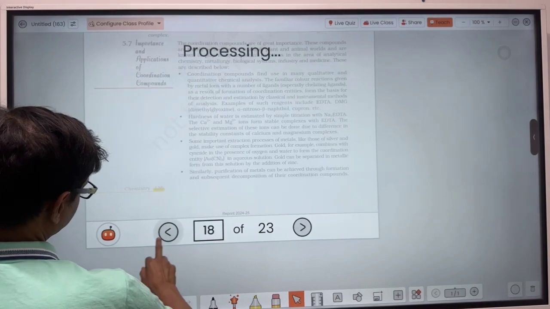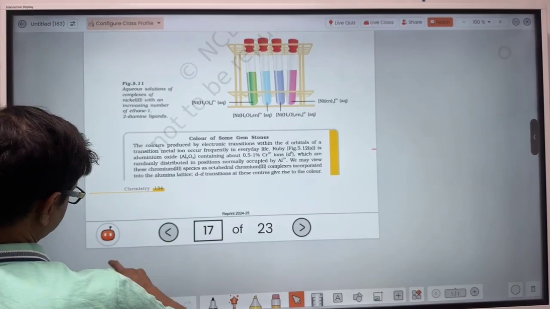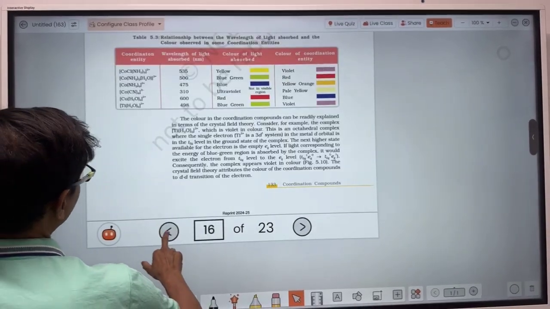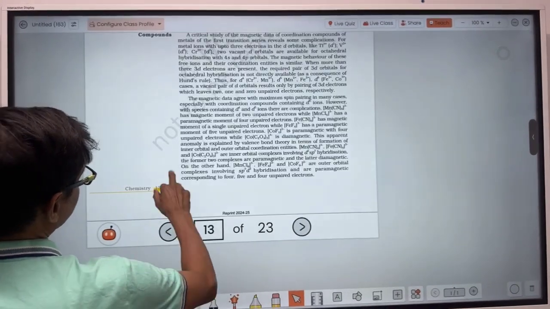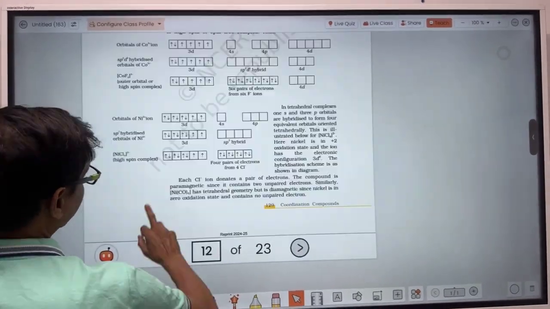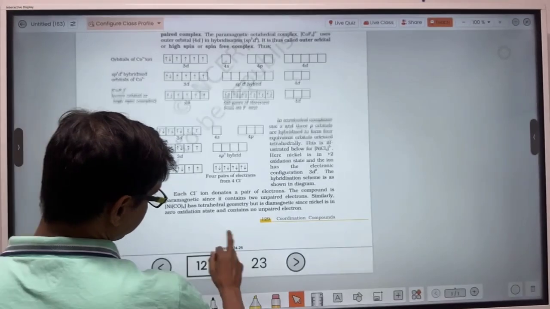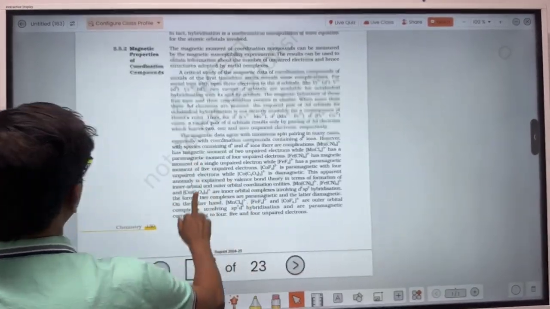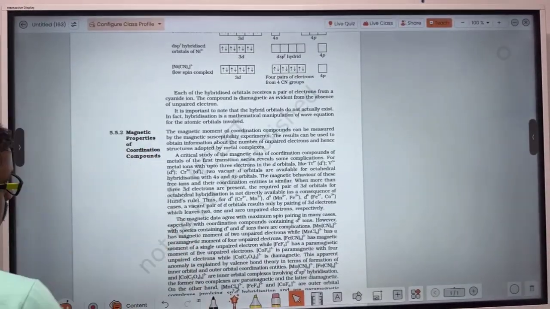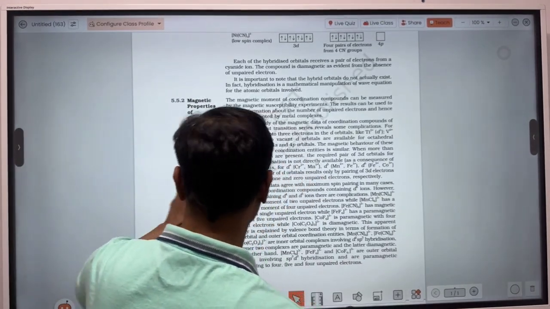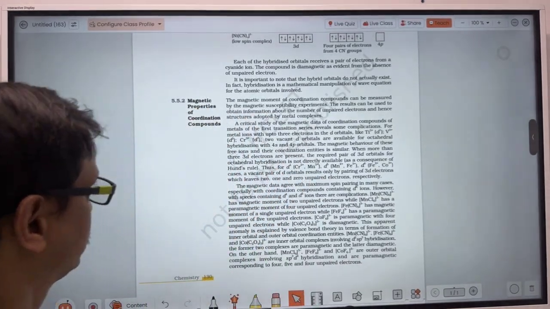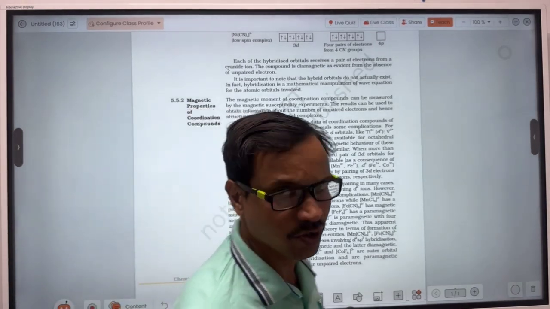the crystal field theory, and the remaining portion about the magnetic behavior you also study by yourself, and I hope all of you will understand when you study the magnetic properties of coordination compounds. If anyone has any difficulty understanding this, just ask in the comment box.